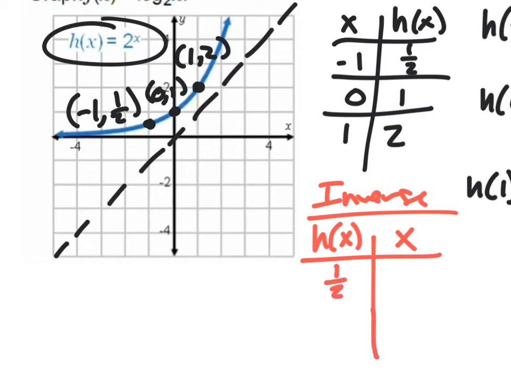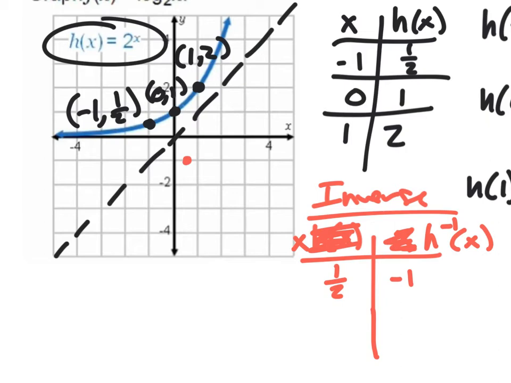I've got the x value of 1/2 and the output of negative 1. Actually, let's do this. This should be the x, and this should be the h inverse of x. So I've got 1/2, negative 1. Let's graph that. That's that point right here, 1/2, negative 1.